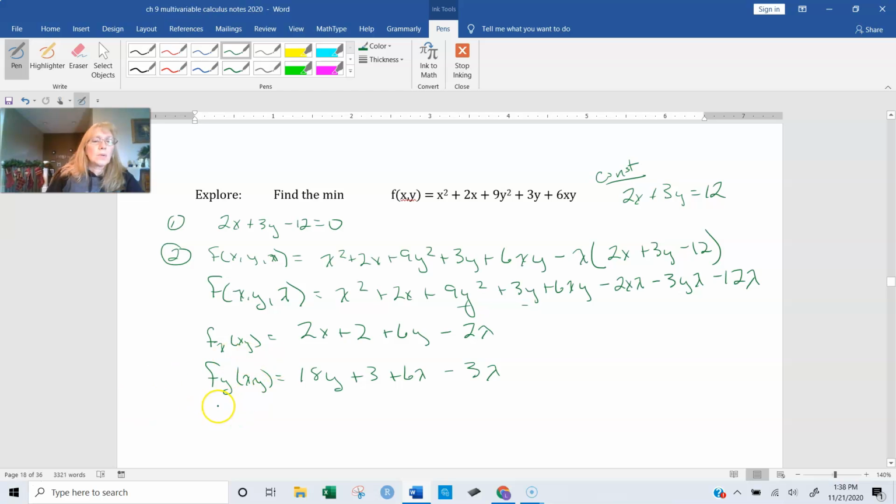And then your derivative with respect to lambda. I forgot to put my lambdas in here. It is equal to negative 2x minus 3y minus 12.